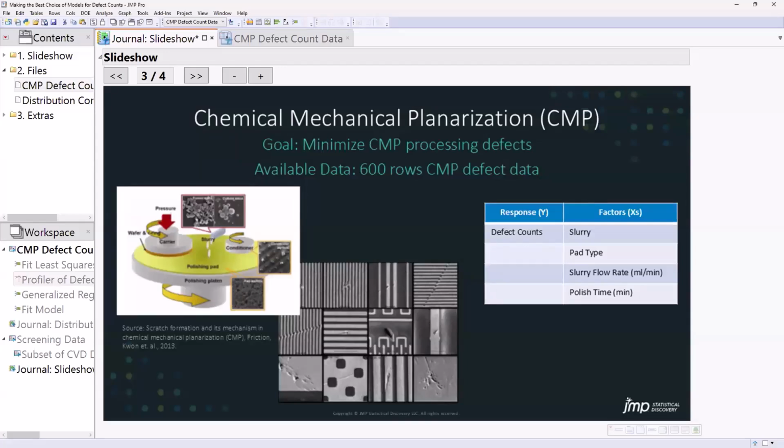From experience and physical understanding of the process, we believe that slurry, so it's kind of the grittiness of the slurry that's used in polishing, the pad that holds the slurry and moves it across the wafer, as well as the slurry flow rate and polishing time are all variables that have an impact on scratch defects.